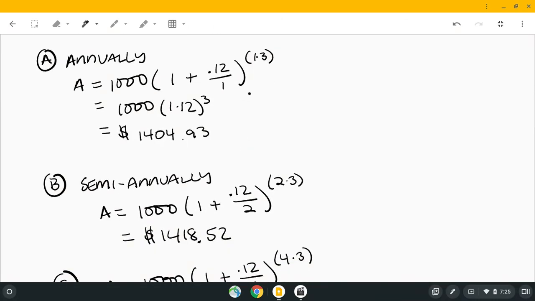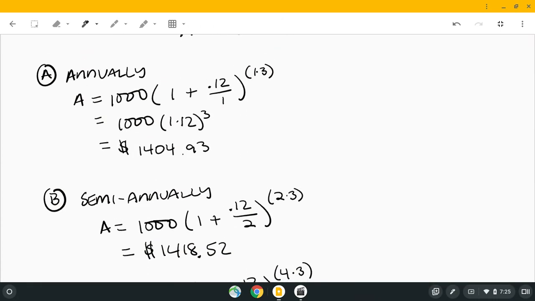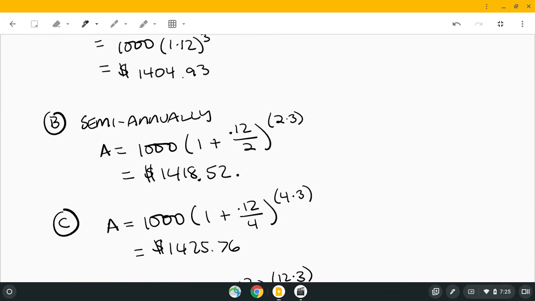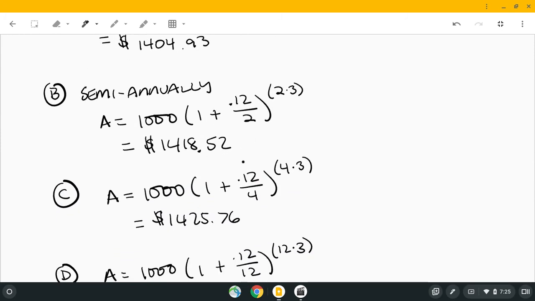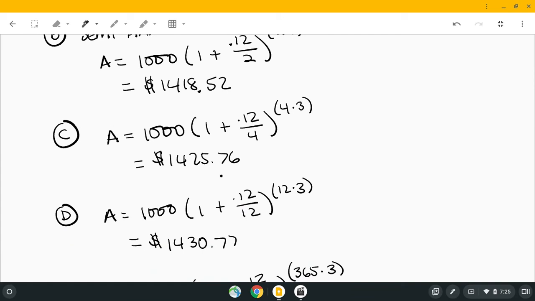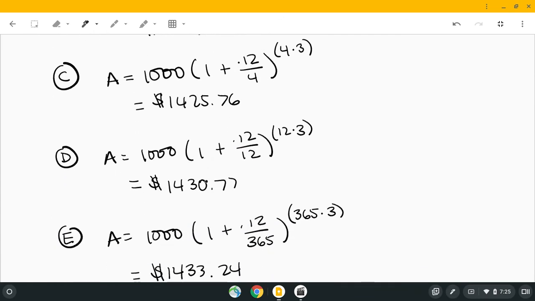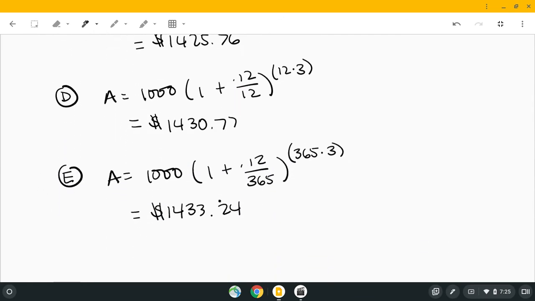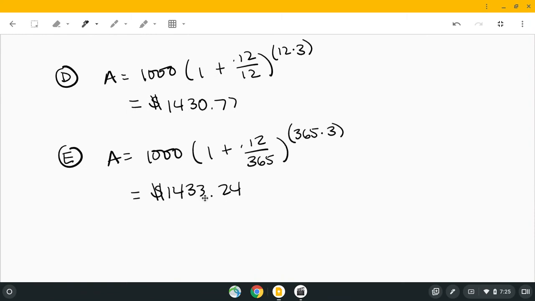When we compare these, clearly the more times interest is compounded in a year, the more money you make. Here it's only compounded once in a year. Here it's compounded twice in a year. Here it's compounded 4 times. Here every month it's being compounded. Here every day it's being compounded. So when it's compounded daily, we get $1,433.24.